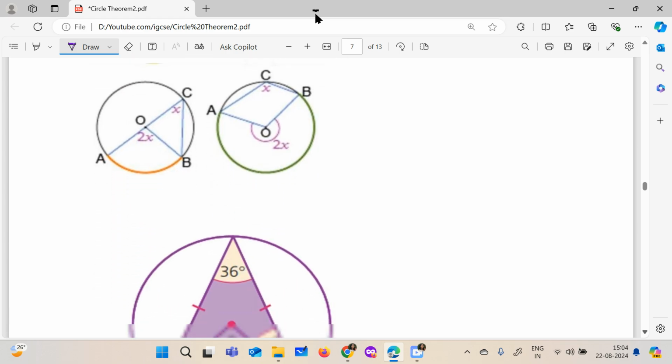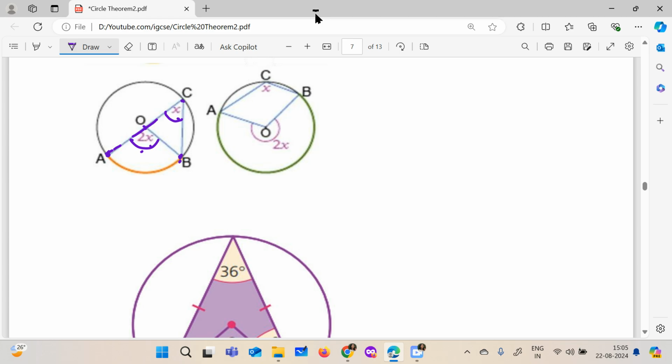When you get the question you have to remember this. It can be like this also. From points A and B we have the angle at the center, 2x. This is the angle at the center from the same points, and the same line is going to the circumference like this, and then we have another line here. So this is the angle on the circumference, which is half of the angle at the center. So this is x. Clear to you?